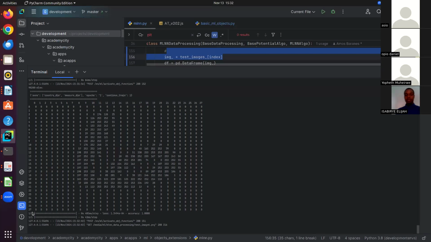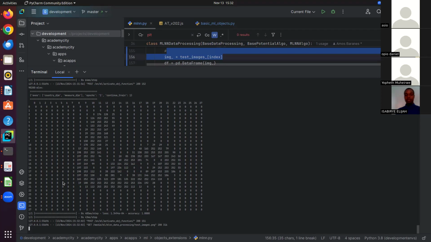By the way, when you buy a TV and they tell you this TV has a resolution of 1,000 by 1,000, it means you have 1,000 columns and 1,000 rows. If you have high HD, 4K, it means you have 4,000 by 4,000 for one picture.